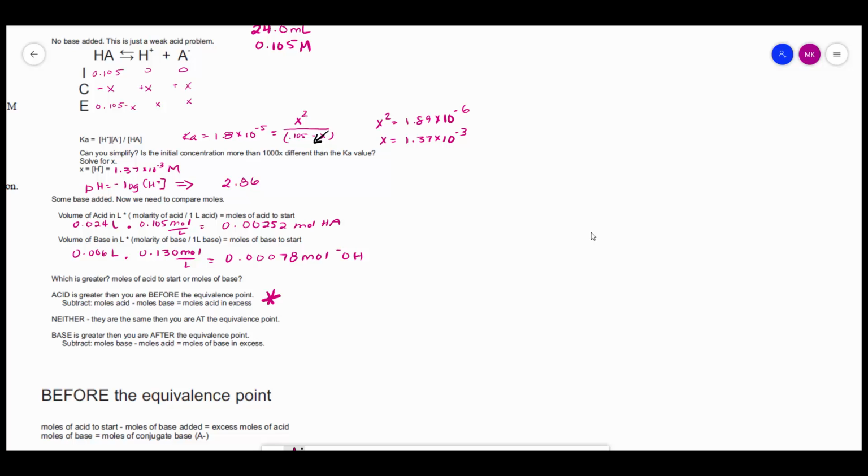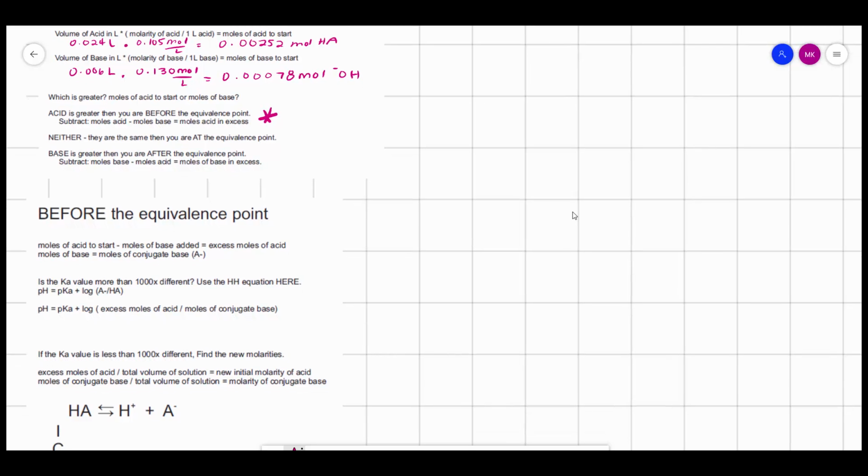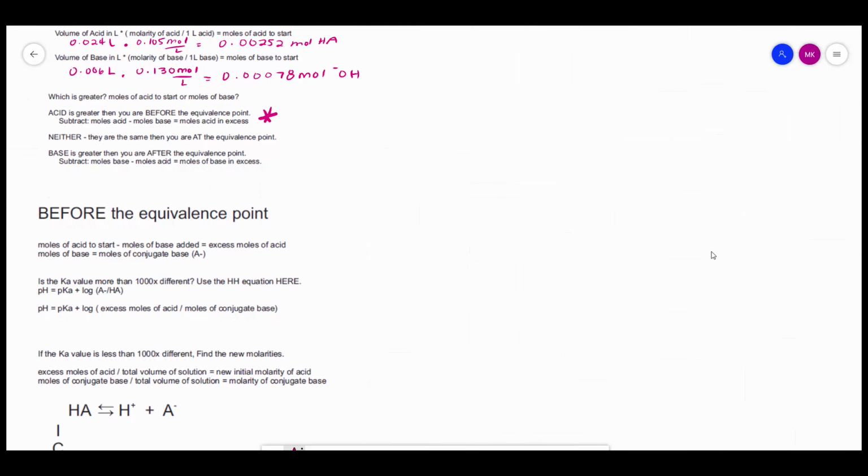So we're going to need to subtract the moles of the base from the moles of the acid to start. Moles of the acid is 0.00252, and I'm going to subtract the moles of the base, 0.00012378.